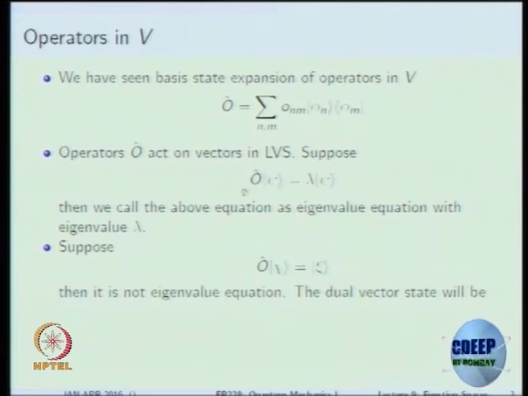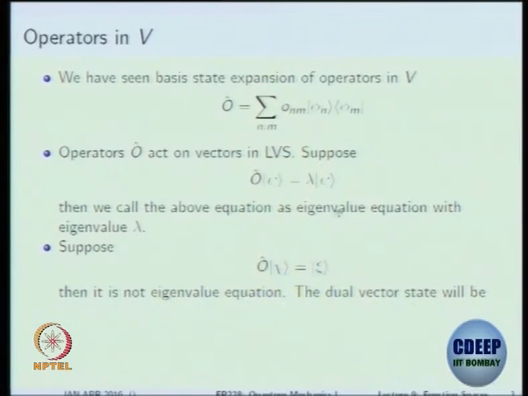If you see it as a finite dimensional vector space with matrix representation, you would have a matrix operating on a column vector to give you some number times the same column vector, then it's an eigenvalue equation. So this equation, which I have written compactly here, is an eigenvalue equation. What is the eigenvalue? Lambda is the eigenvalue. So the state psi is also called an eigenstate of the operator O.